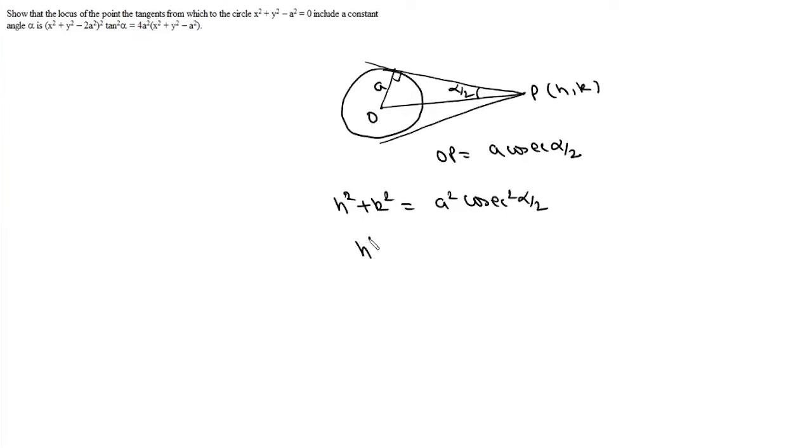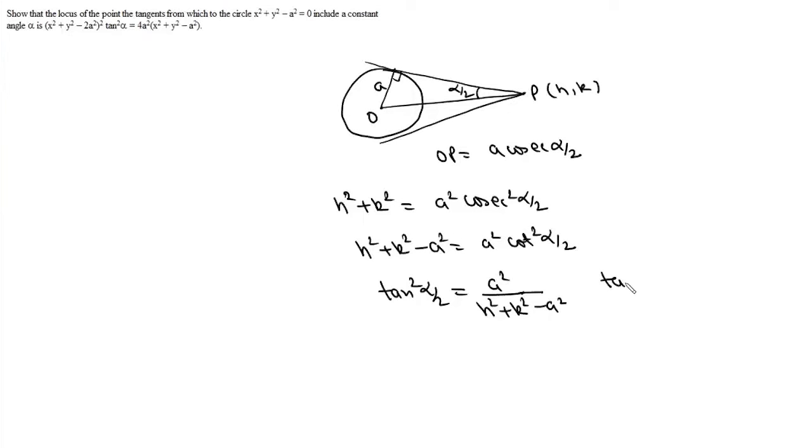So here will be this h square plus k square minus a square, and will be this a square cot square alpha by 2. Or we can write tan square alpha by 2 as a square upon h square plus k square minus a square, or simply tan alpha by 2 as a upon under root of h square plus k square minus a square.